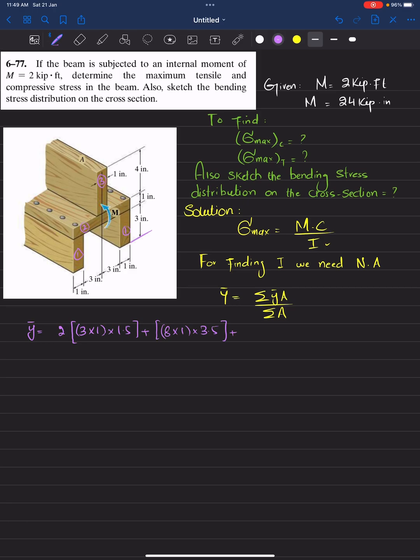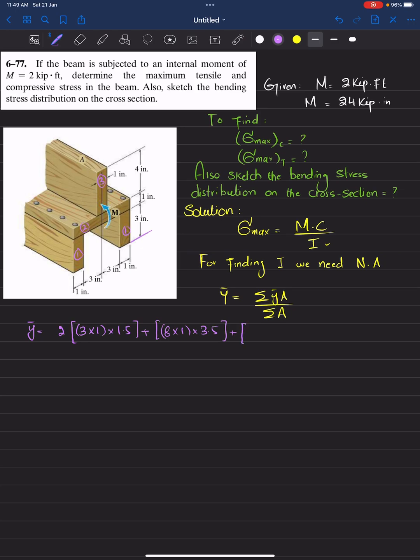Plus this area. You can see this area is 1 multiplied by 4, and its centroid will be at a distance of 2 from this. From the base, it will be 6, because 2 plus 1 plus 3 equals 6.